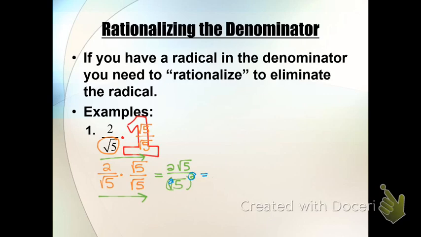So the square root of 5 quantity squared is just 5, and we end up with 2 root 5 over 5. Now you would check to make sure that 2 over 5 doesn't reduce. In this case it doesn't, so this is our final answer, 2 root 5 over 5.